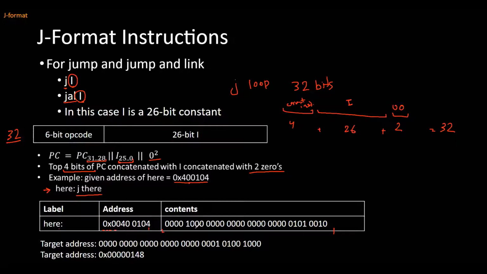So I want to find out the target address, which is calculated down here. So we know that from this pattern here that we have, the 6-bit is the opcode. So 1, 2, 3, 4, 5, 6. So that's the opcode. And that is telling us that this is jump. So the rest of this, continue this is going to be I.